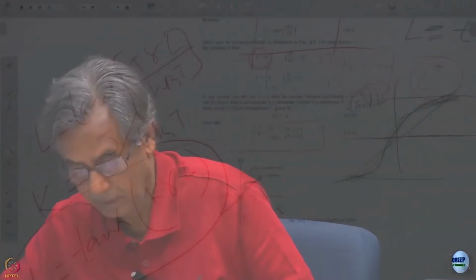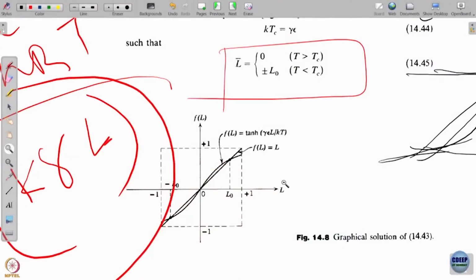So these are the two solutions that you get. Let me see if I can get a cursor. This straight line is the L line, and this is the tanh.